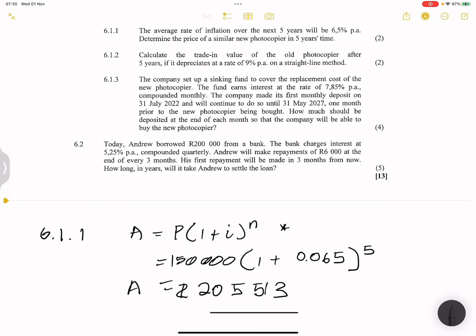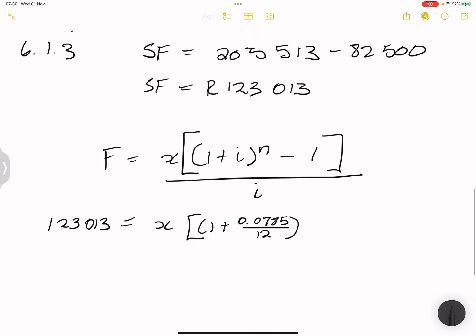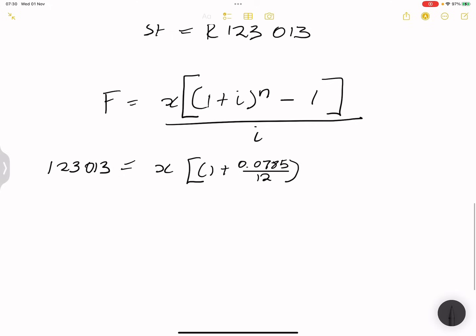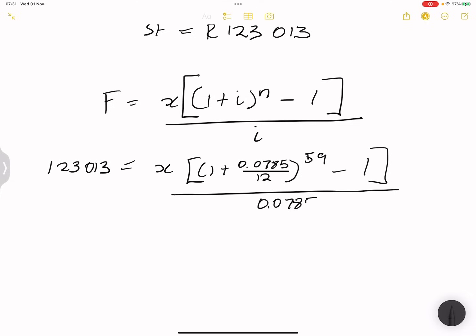But because we are going to withdraw the amount a month in advance, we won't actually have it for 60 months, but we'll have it instead for 59 months. Please keep that in mind. So that's minus 1, and divided by 0.0785 over 12. All that's left for us to do is some gymnastics.